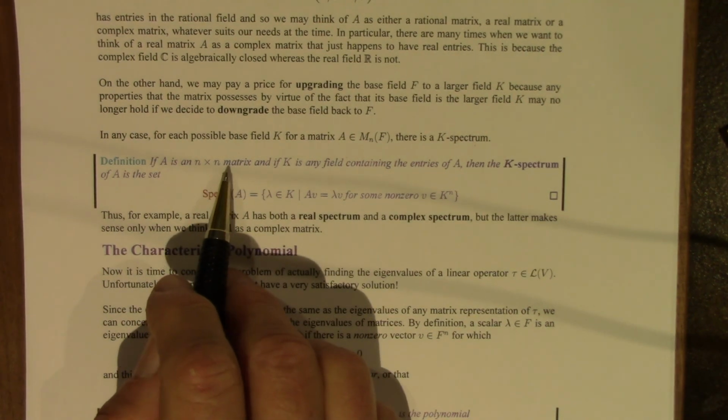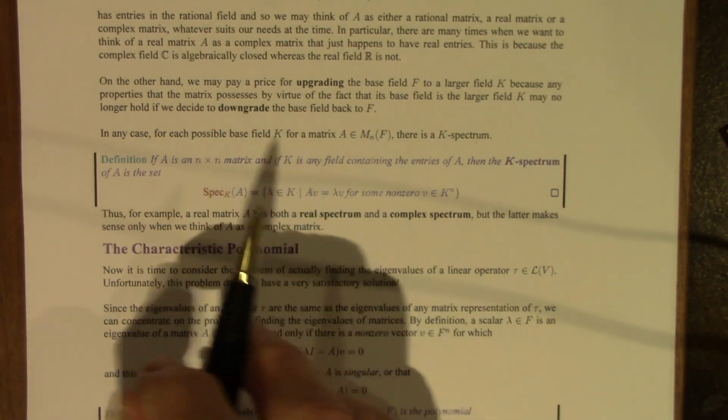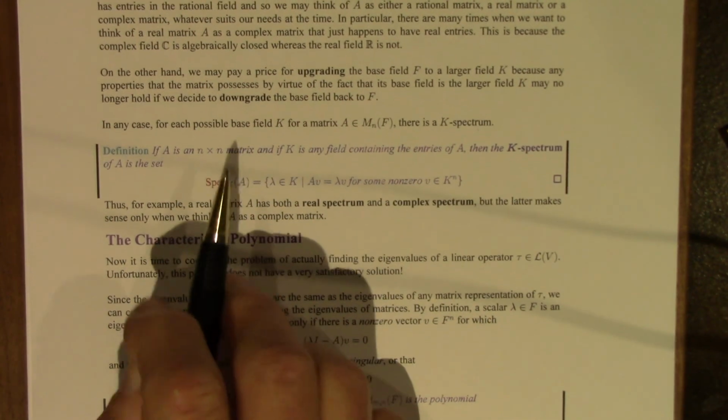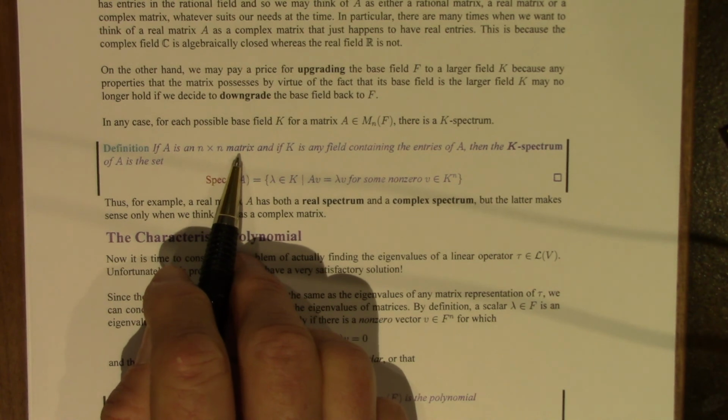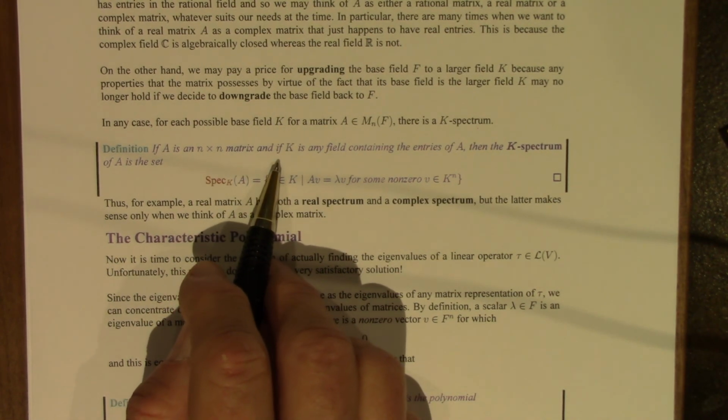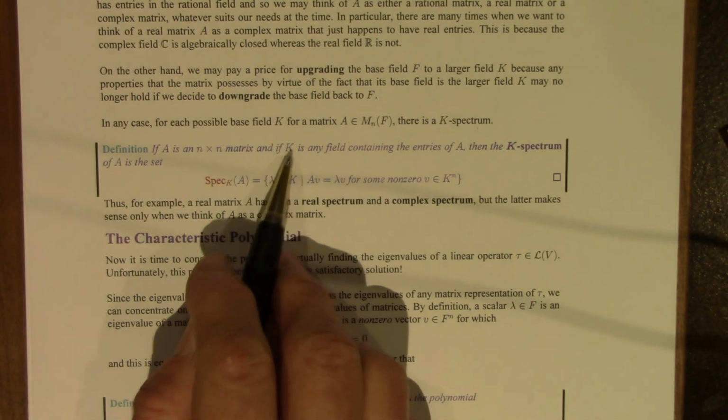But the upshot of this discussion now is that a given matrix has lots of different spectra depending on your choice of base field.